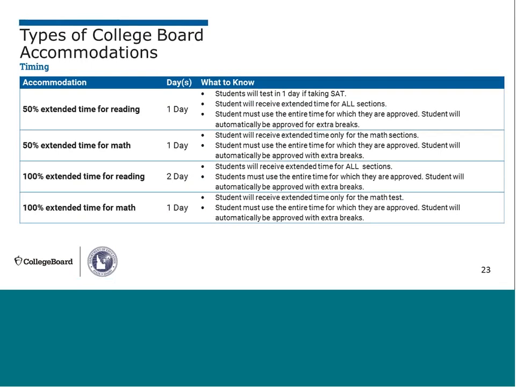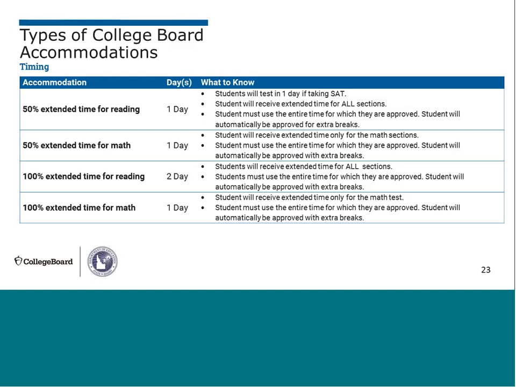For those of you who participated last year, you may remember this being a two-day accommodation previously. That is because students were taking the essay last year, and so that caused the timing for the test to be too long, and thus it was broken over 2 days. But this year, since you are not using the essay, that timing will be one day.